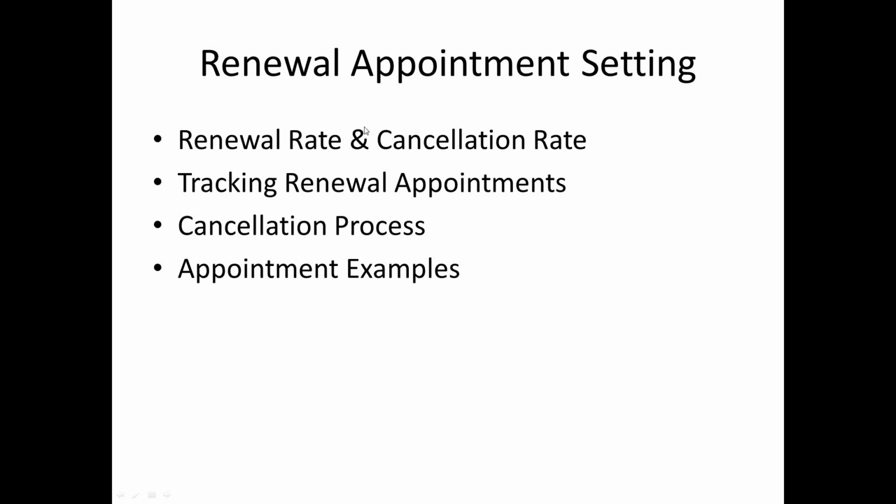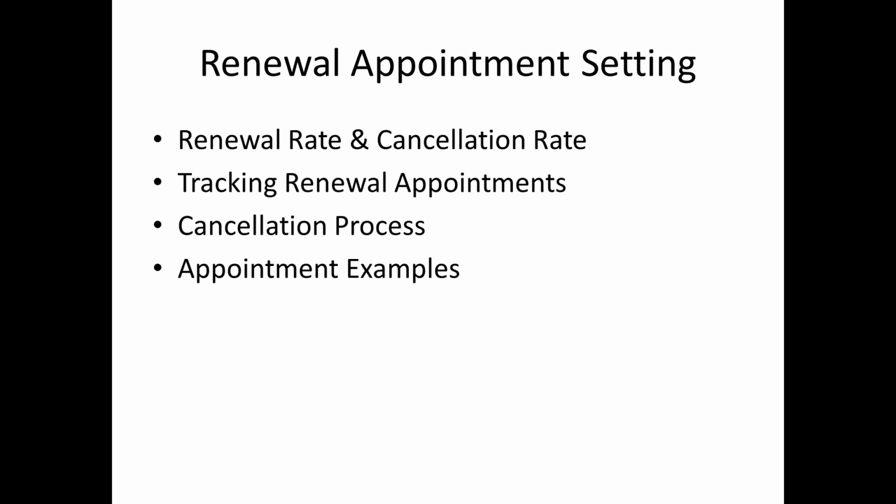We're going to talk about the renewal rate and cancellation rate, which are two very important concepts that we use in managing the company as a whole, managing the renewal process, and how we're doing. And we're going to talk about tracking the renewal appointments, so we know which appointments we need to set or reset, or which ones have been produced or canceled, and then talk a little bit about the cancellation process.